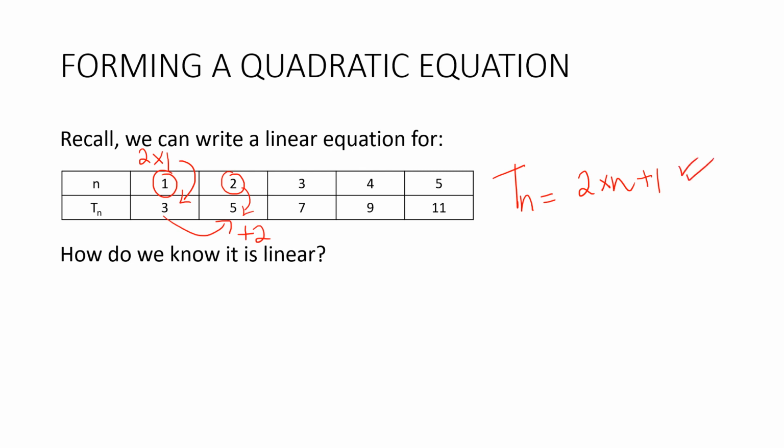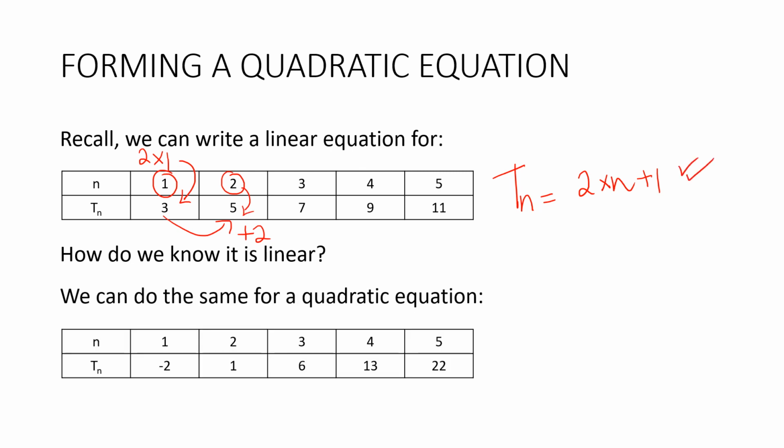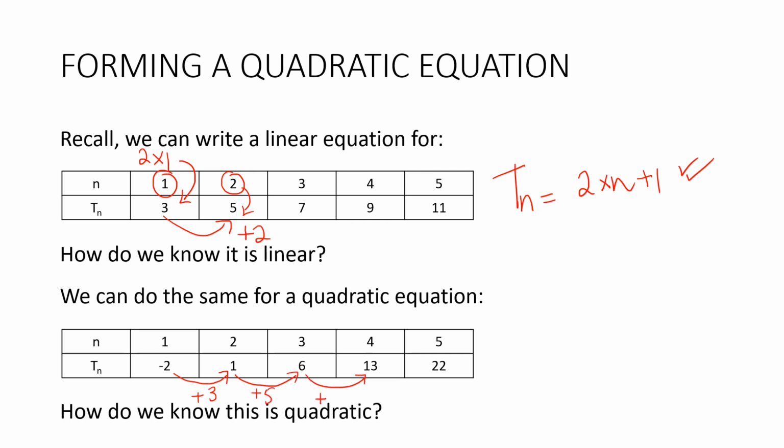It's correct. And with the quadratic equation, we can do the same thing. But how do we tell that this one is quadratic? Let's see what it's going up by. From negative 2 up to 1, we're adding 3. And from 1 up to 6, we're adding 5. And from 6 to 13, we're adding 7. And from 13 to 22, we're adding 9.